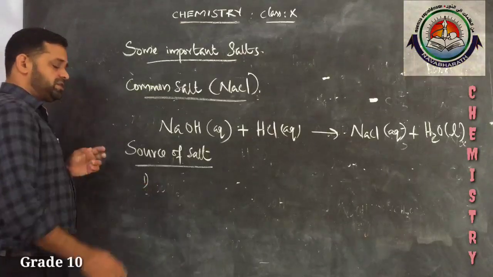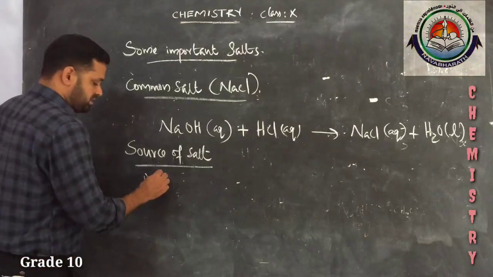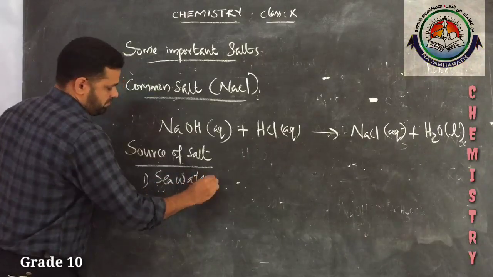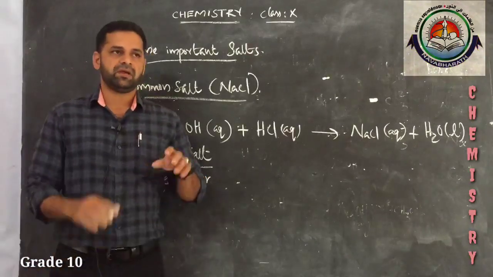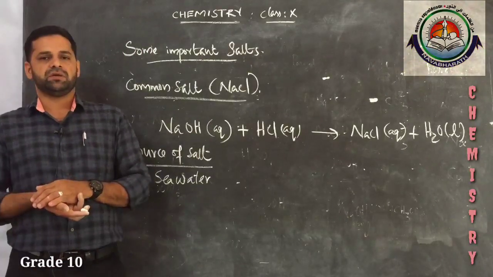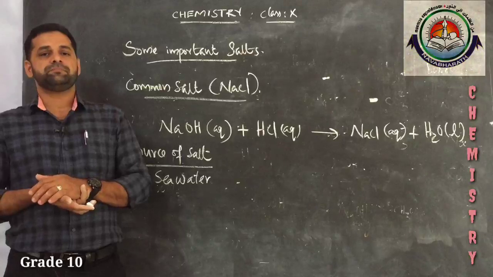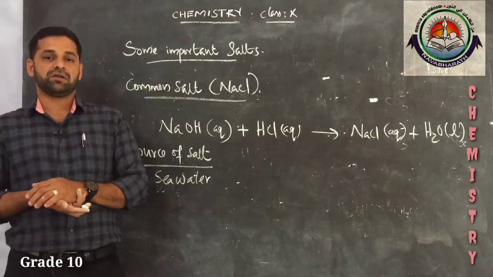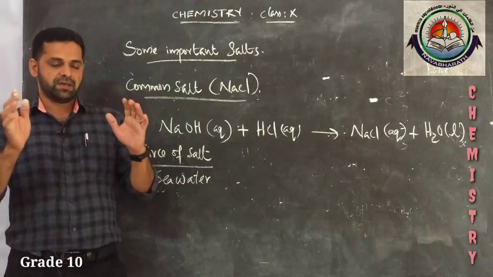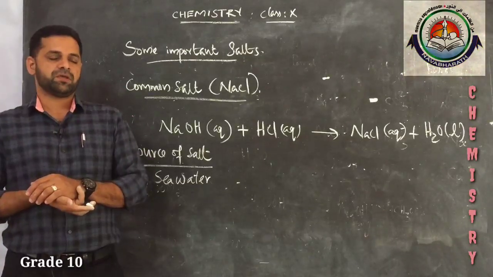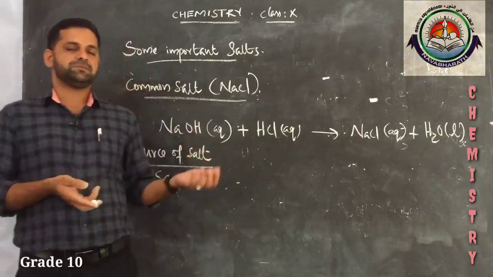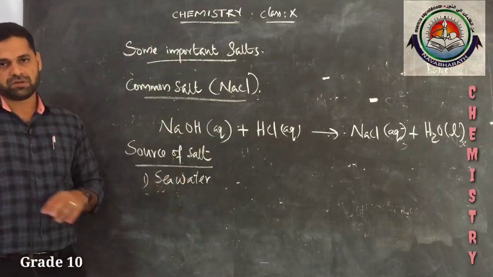we know that the main source of sodium chloride is sea water. We know the sea water contains many kinds of salt, but the maximum percentage is sodium chloride, that is common salt. It's a solution, a mixture. It also contains many other salts, but the highest percentage is common salt.